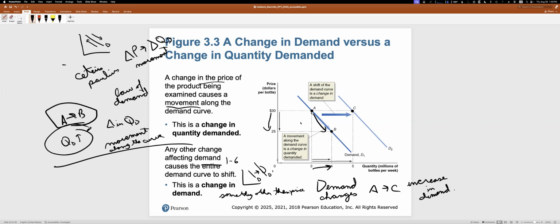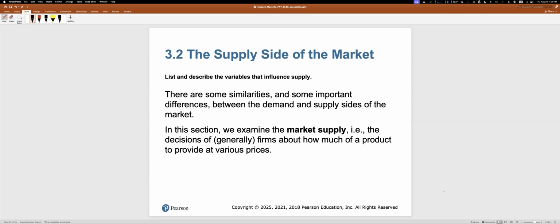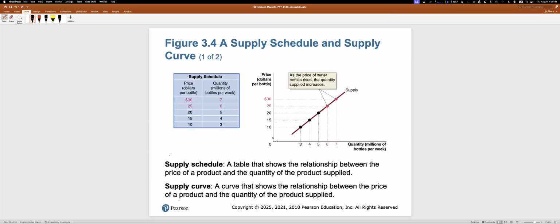Okay, let's keep going. Now let's look at the other side of this market, the supply side, and let's do the exact same process to understand it. Let's start first with market supply. This is how much stuff the firms are providing at the different prices.